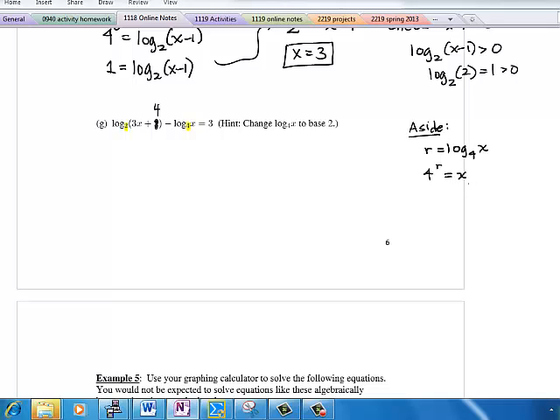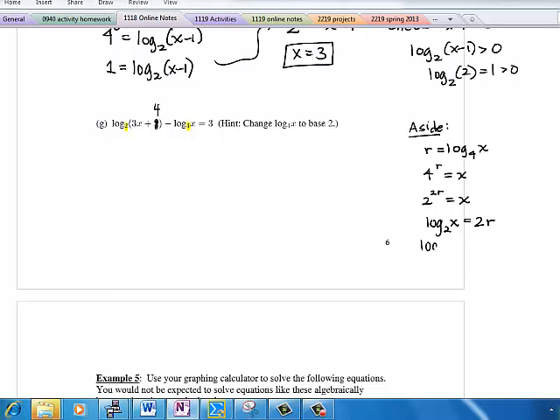And I want to figure out what exponent I would need to put on 2 to get x. And it looks like 2 squared would be 4, so 2 to the 2r would give me x. So I can see then that the log base 2 of x would be 2r.